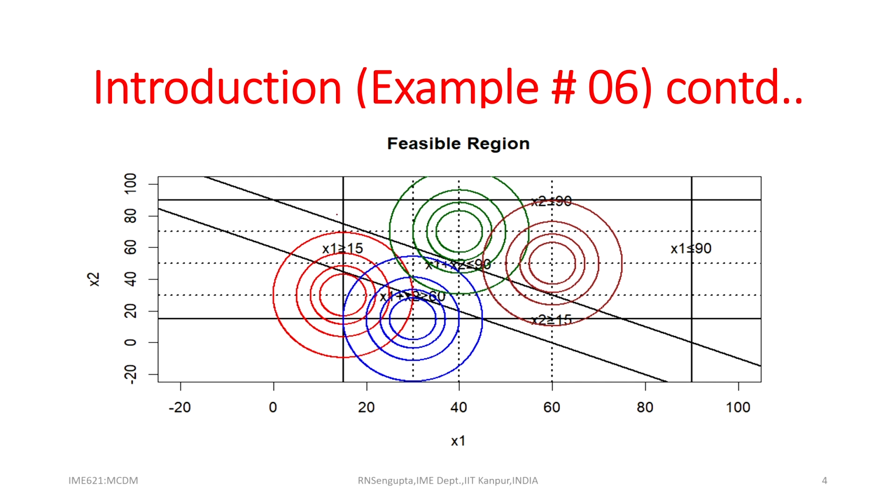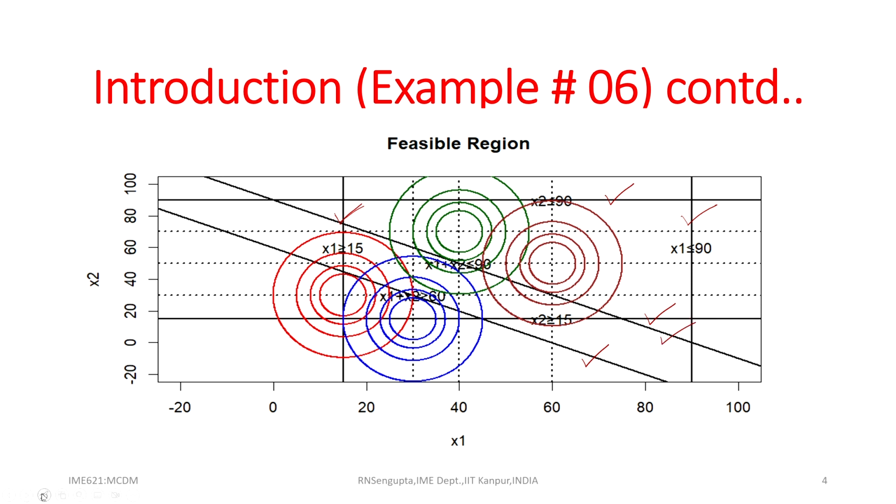The first constraint is x 1 is greater than 15, the second one is x 1 is less than 90, the third one is x 2 is greater than 15, the fourth one is x 2 is less than 90. That forms the rectangle, and then we add the 5th and the 6th one: x 1 plus x 2 is greater than 60, and x 1 plus x 2 is less than 90.